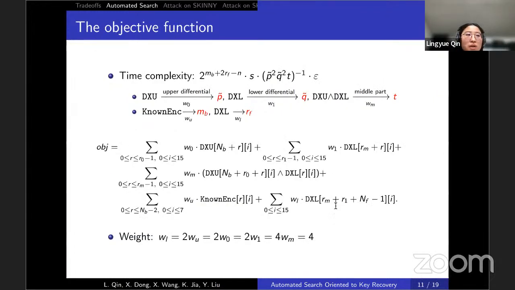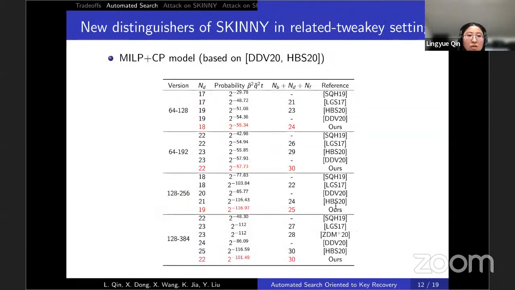The objective is the time complexity, and we add variables on behalf of different parameters to the function. Because different parameters have different coefficients, we give them different weights. With our new MILP model, we search for more proper truncated differentials for key recovery attack, then use the CP model to get the actual differential.